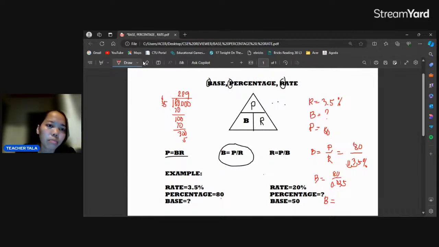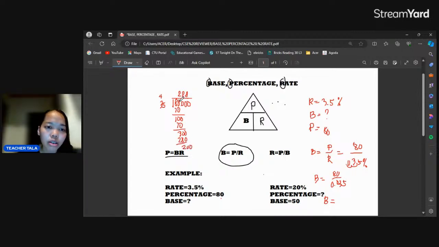So, lumagpas. 9 is not pwede. Oh, na-erase yung 35 natin. I'm just going to write 35. Okay, so let's try 8. So, 35 times 8, that's 40. Carry 4. 3 times 8, that's 24, 28. So, 280.